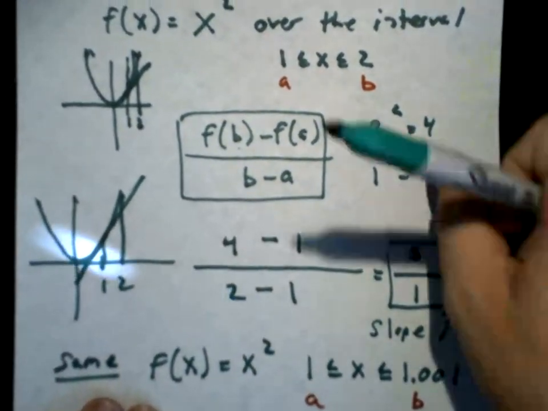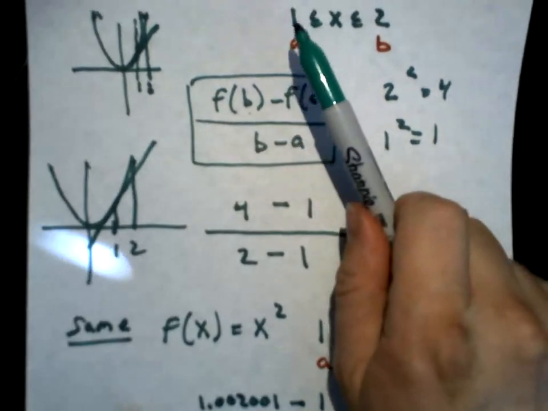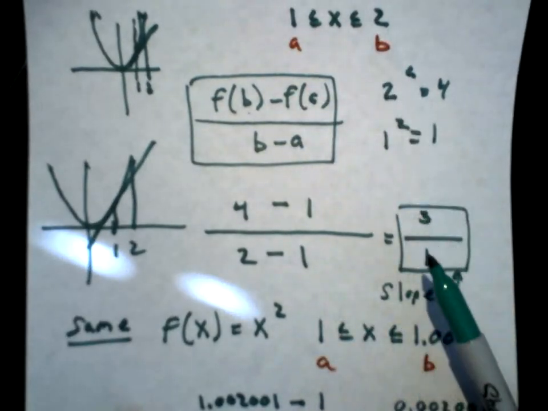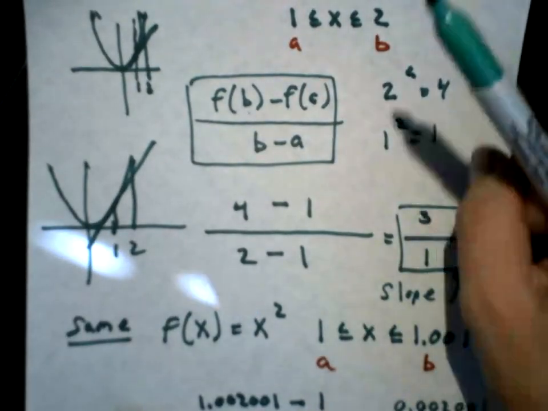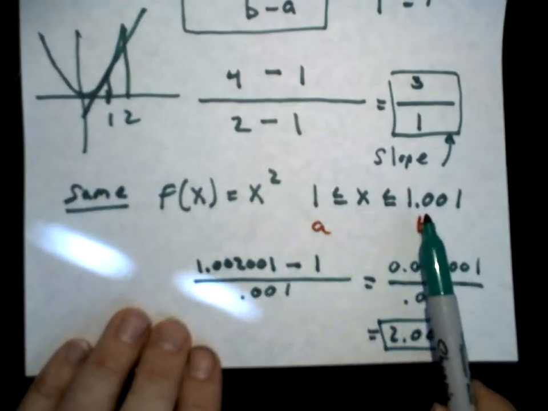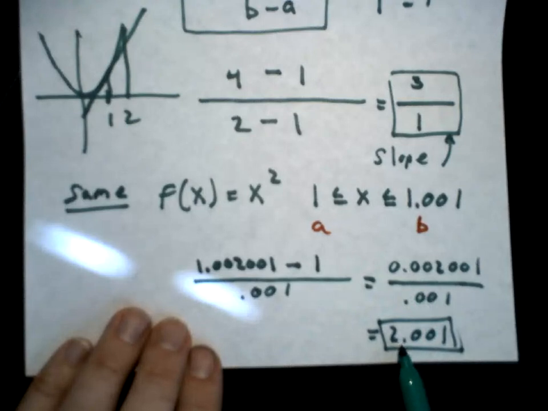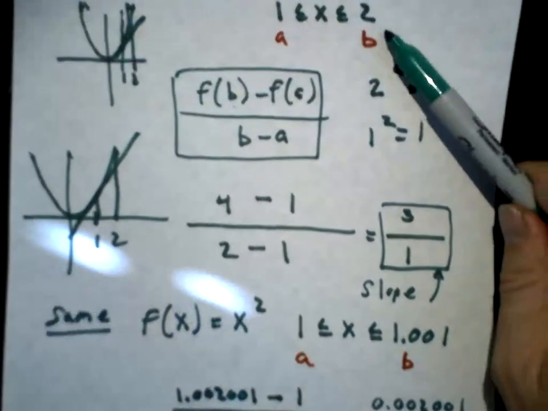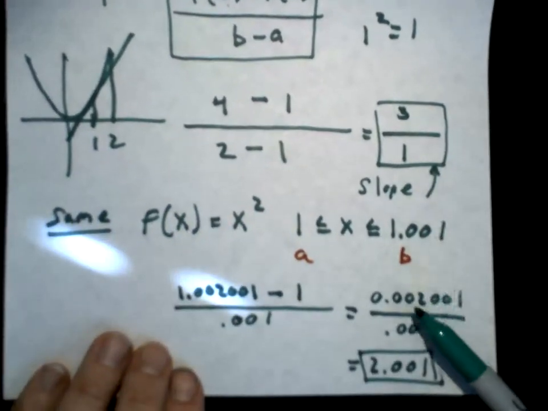Okay? So look at this. This is so cool. We jumped from 1 to 2. We got a slope of 3. We went from 1 to almost 1. We got a different slope. That is very interesting because look at these slopes.